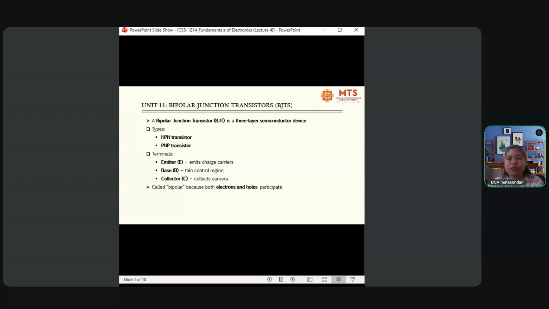A bipolar junction transistor is a three-layer semiconductor device, of types NPN transistor and PNP transistor. Its terminals are emitter, which emits charge carriers; base, the thin control region; and collector, which collects carriers. It is called bipolar because it consists of both electrons and holes.